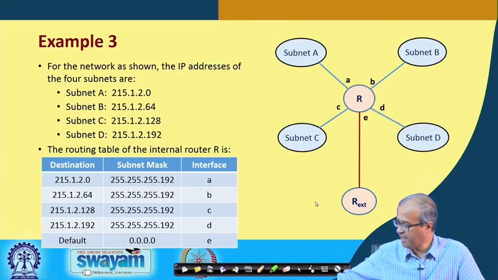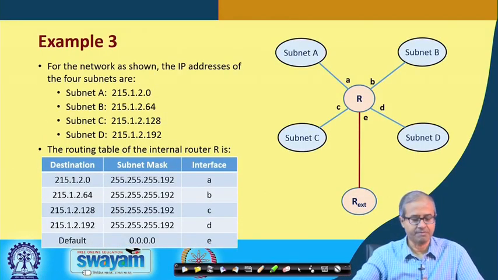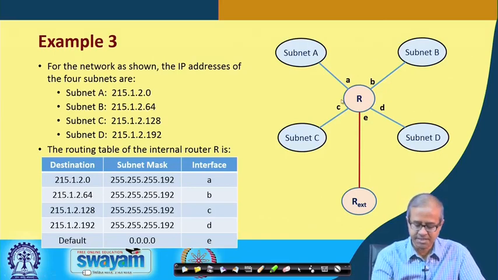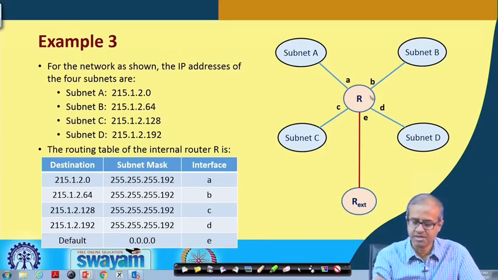Now, let us look at a third example, where we are using subnets, subnetworks. Pictorially the network configuration looks like in the diagram as shown here. This is the router we are interested in. The routing table that we are showing here is the routing table of this router.